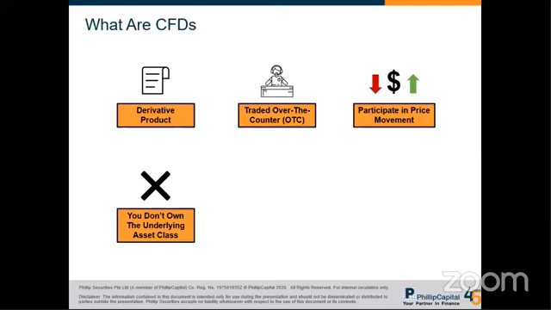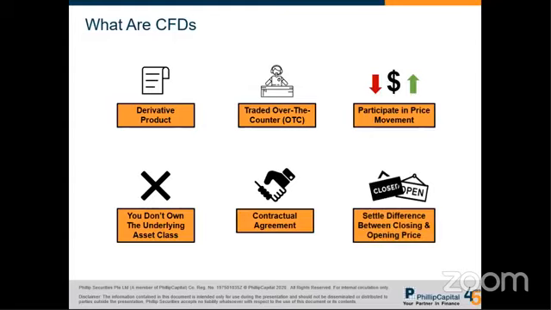For CFD, if you are not able to cater for all this, you have to ask our client to liquidate because you do not own the underlying assets. It's a contractual agreement between you and PhillipCapital to settle on the difference between the closing and opening price.